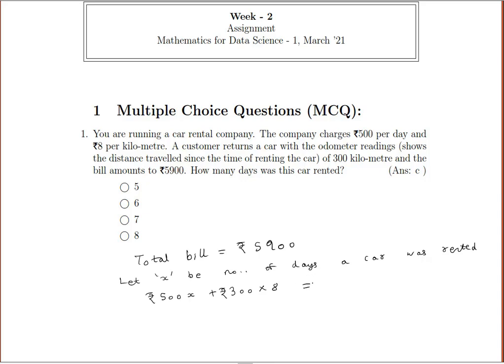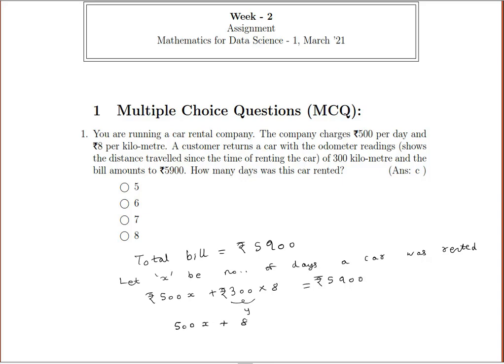So this will equate to rupees 5900. So as we see here, this is an equation in x. If we consider the number of kilometers traveled to be another variable y, then we will have an equation in x and y.